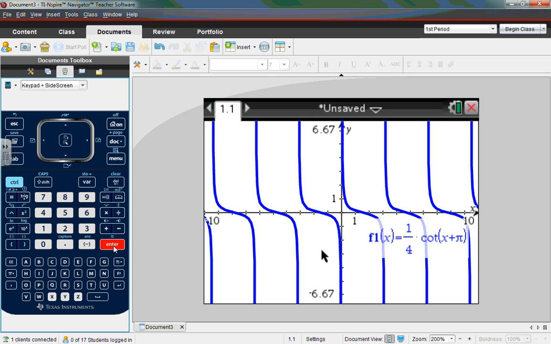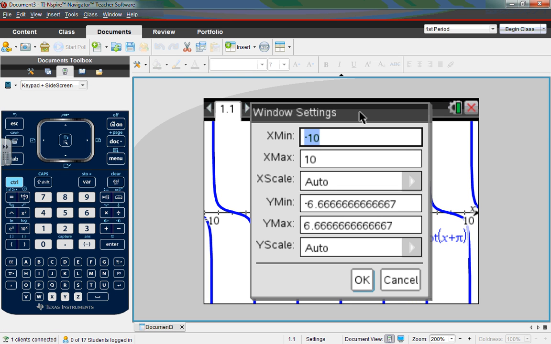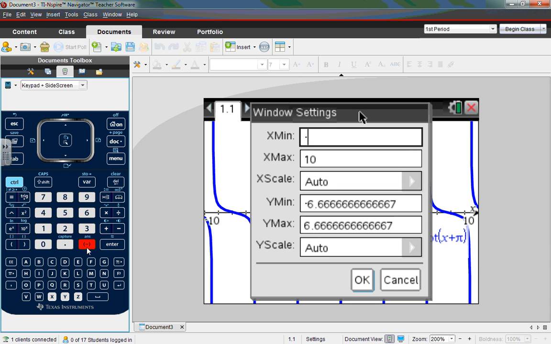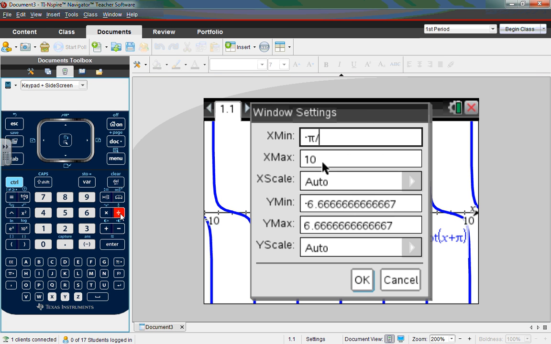There it is. Now we're going to make this down to our 1 period. So we're going to go to menu, window, window settings, and where do I want this thing to start? Negative pi, just negative pi.